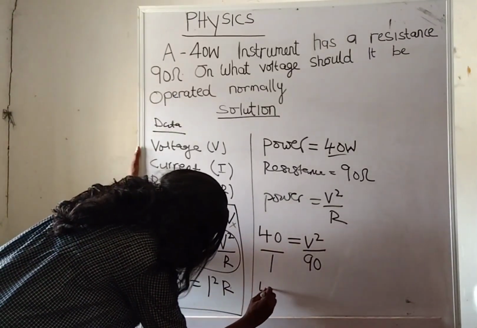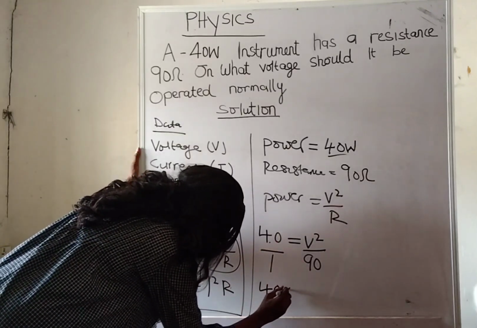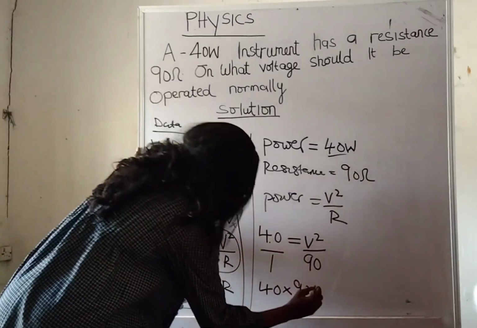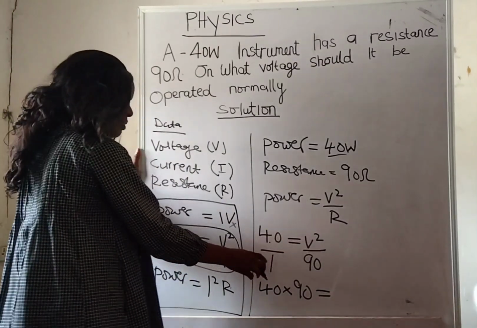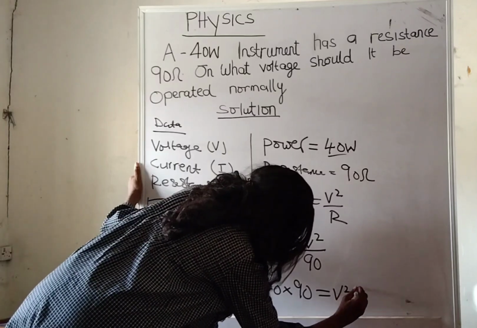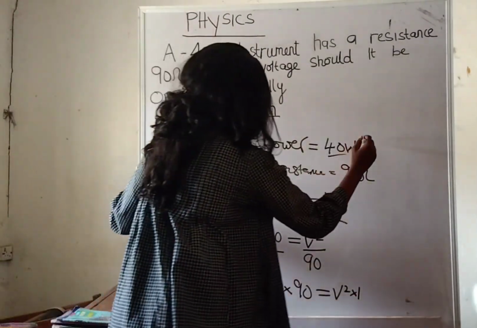I have 40 times 90 equals V square times 1. Let me finish this side first.